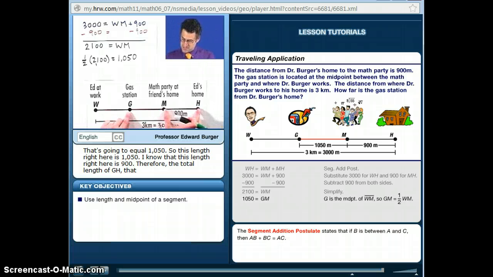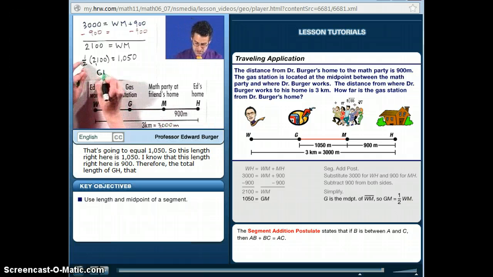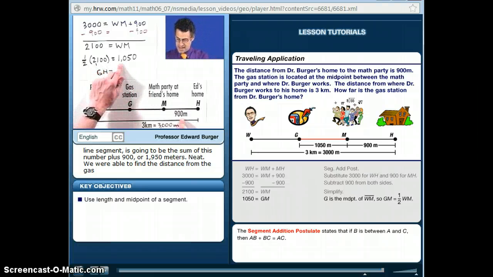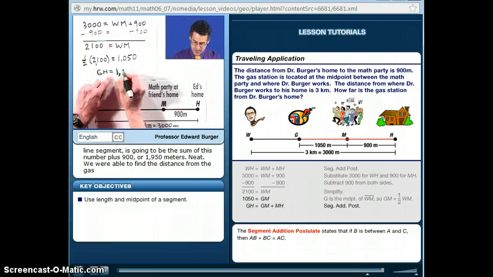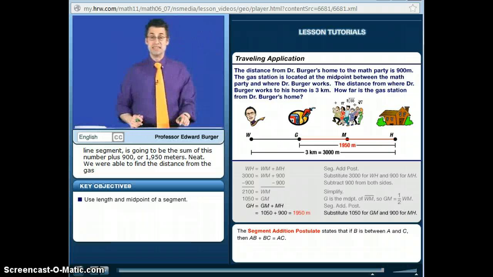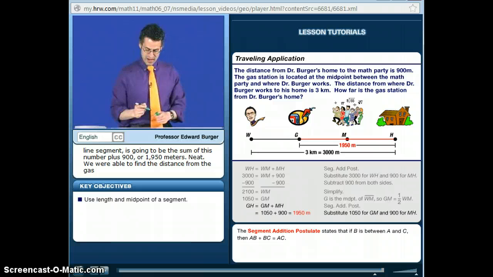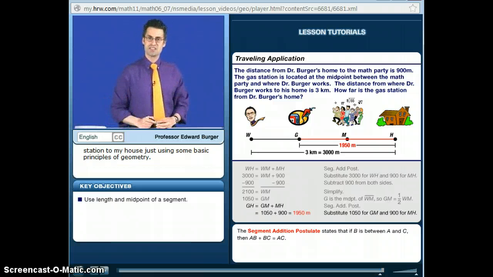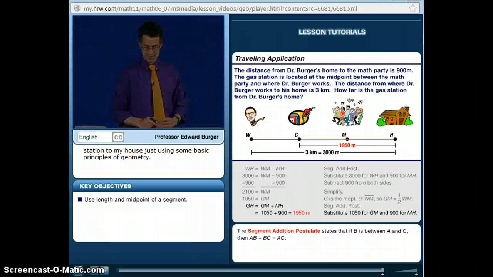I know that this length right here is 900, and so therefore the total length of GH, that line segment, is going to be the sum of this number and 900, or 1,950 meters. Neat. We were able to actually find the distance from the gas station to my house just using some basic principles of geometry.